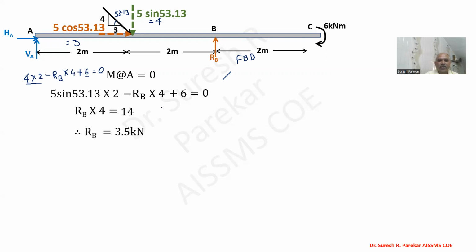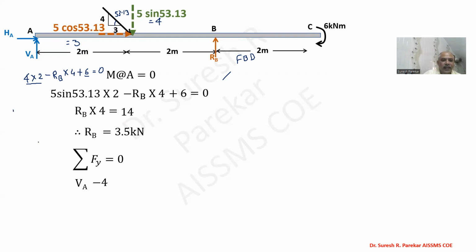Then we will have RB 3.5 kilonewton. Summation Fy equal to 0.